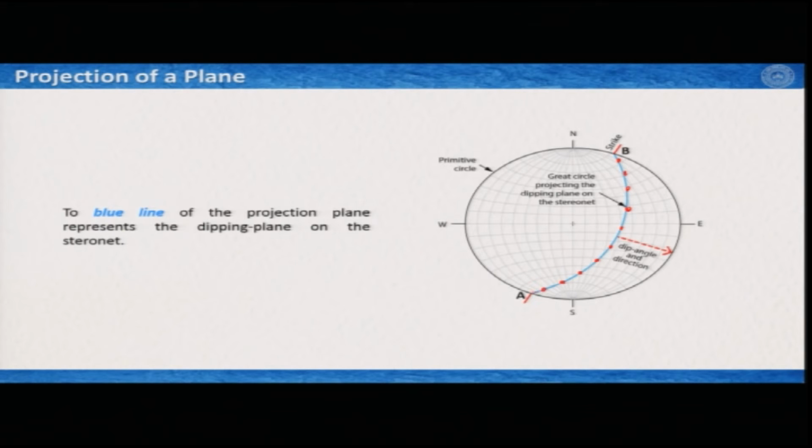And we have connected these points through a curve, and this curve is actually the projection that represents the dipping plane on the stereo net. And the dip angle is this one. Now, how to read and interpret all these features, we will learn later.